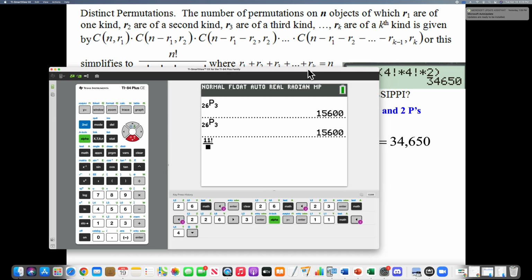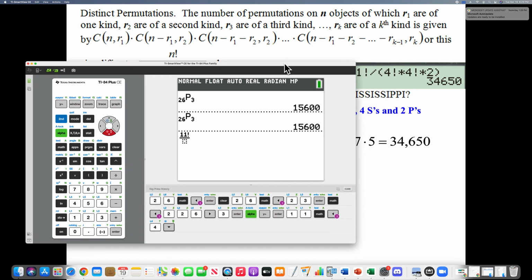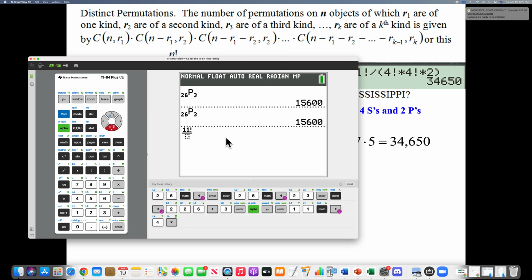Now, if you recall when we talked about factorials before, we said it might be a good idea to memorize some of your factorials, like 4 factorial is 24, so you can just go 24 times 24 times the 2, get that number there.